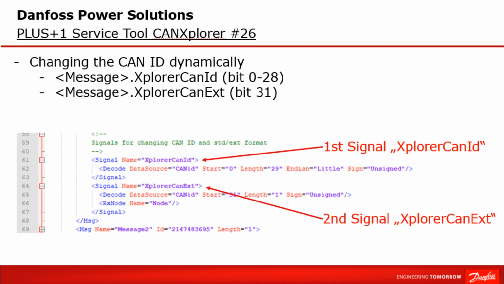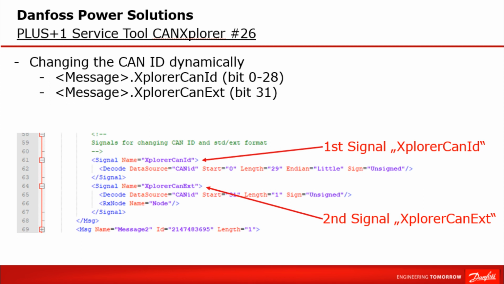The network, node, and message have been assigned at the top of the XML file. Inside this message, which means that this is assigned to this message and its properties like node, 2 additional signals have been added.